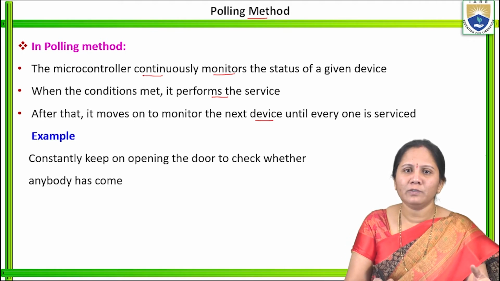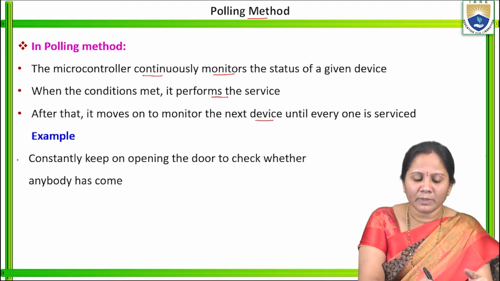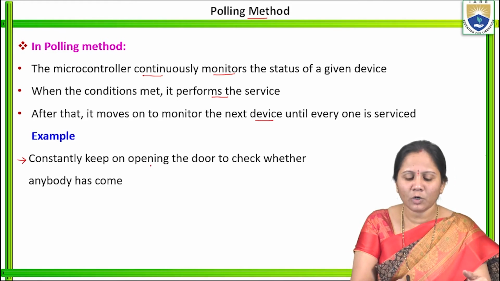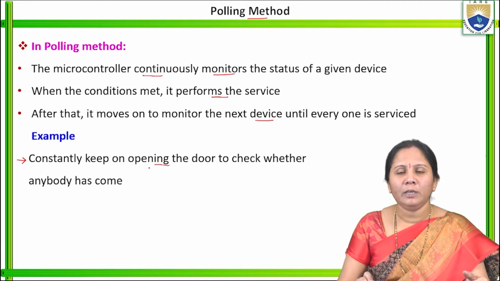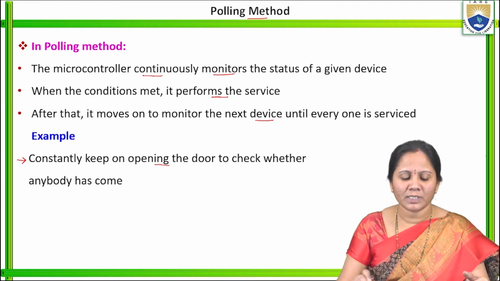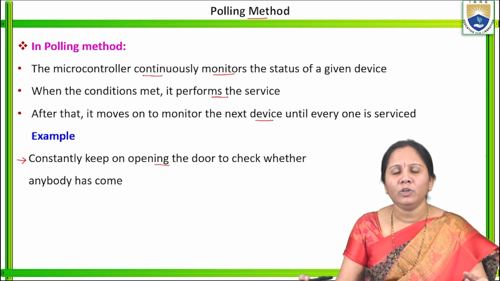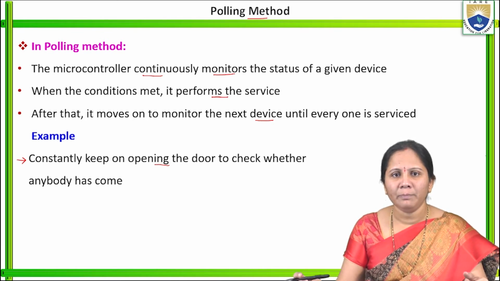One example we can consider for the polling method is constantly opening the door to check whether anybody has come. To know if anyone has come, first there should be a bell ring.